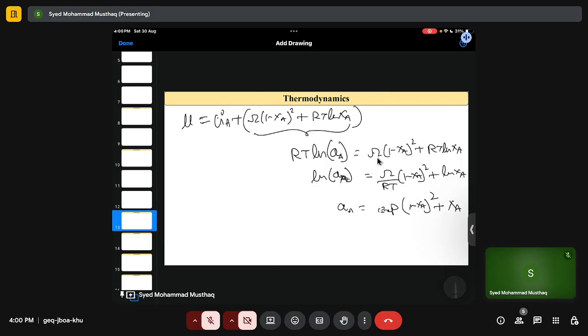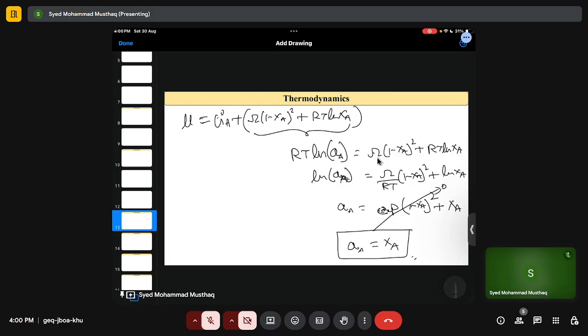Now, if my solution is an ideal solution, then this delta U mix is 0. So then my activity will be equal to mole fraction. And this is Raoult's law.